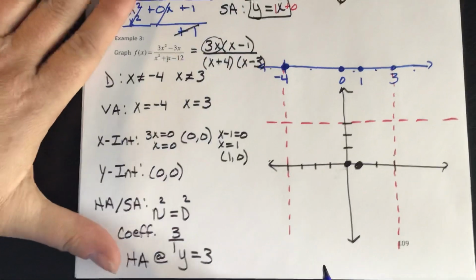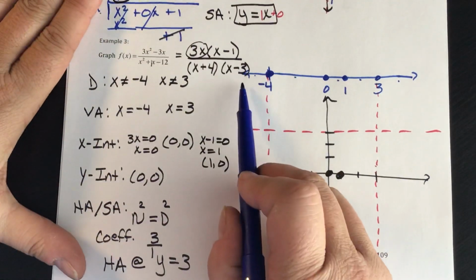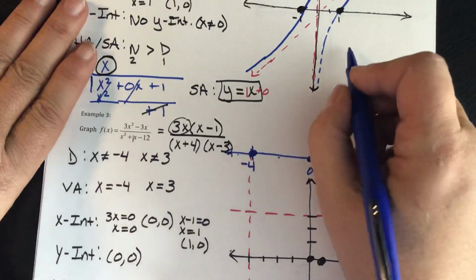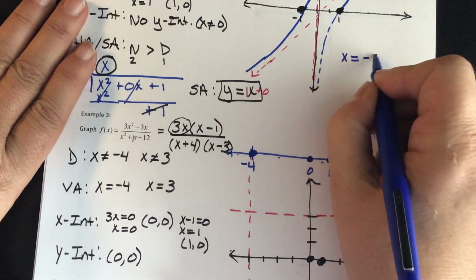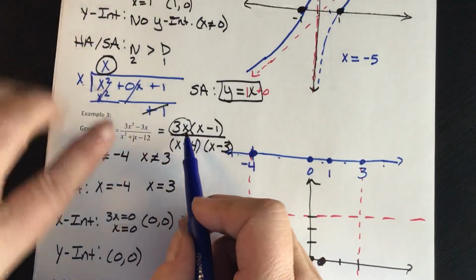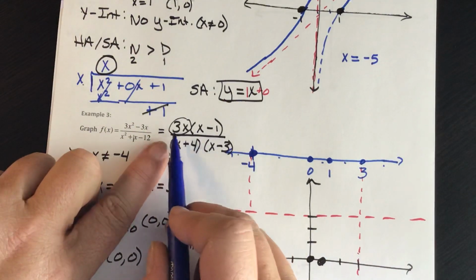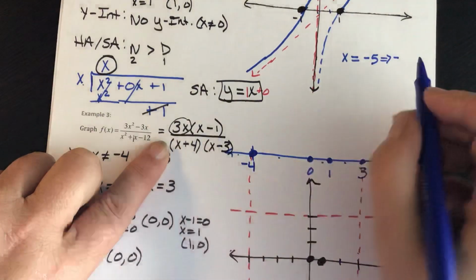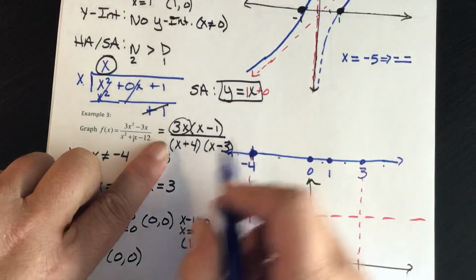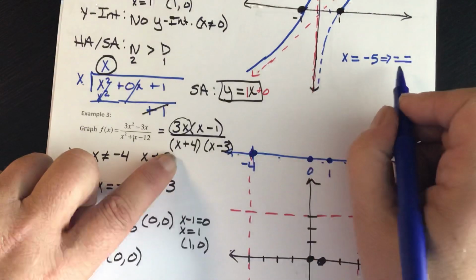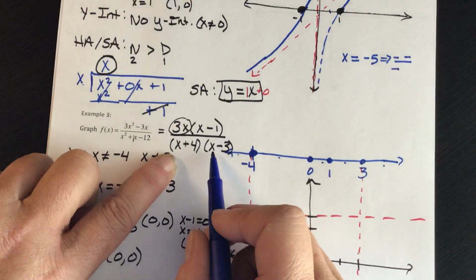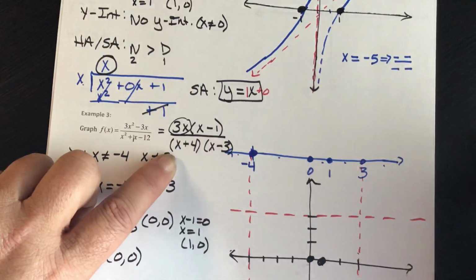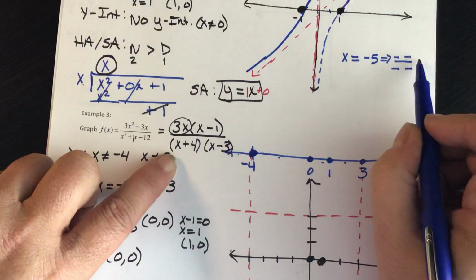So if I look at a number to the left of negative 4, so x is negative 5, and I'm going to go way up here to do this. If x is negative 5, and I plug into my equation, negative 5 times 3, that's negative 15, and negative 5 minus 1 is a negative. Negative 5 plus 4 is a negative, and negative 5 minus 3 is a negative. So I have 4 negatives here.